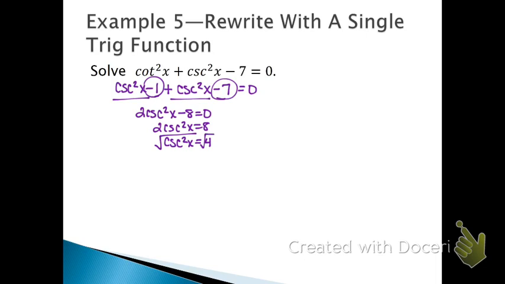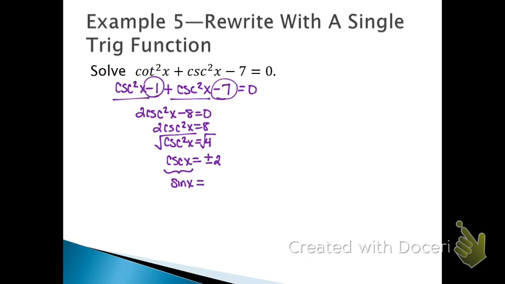Square root it. So cosecant of x is equal to plus or minus 2. But now, we don't deal a lot with our reciprocal functions on our unit circle, do we? But let's take the reciprocal of them. So what's the reciprocal of cosecant? Sine.